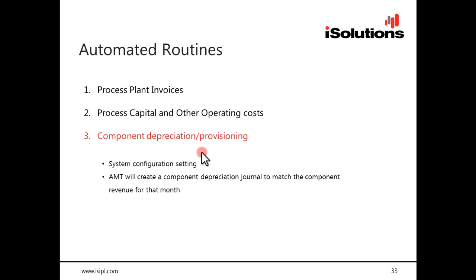So it really saves your administrator from each month having to manually run a report to calculate what that revenue is, and then by equipment, go and enter a journal to transfer that revenue essentially to your provision account.